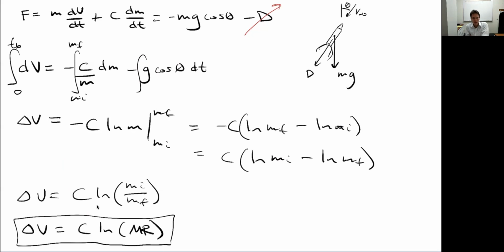So for the most energetic propellants we have, C is like 3 to 4 kilometers per second. So we can solve for what mass ratio we need to get this up to be 9. And it turns out it means we need to be about 90% propellant, which is amazing. And in fact, that's where the rockets are.